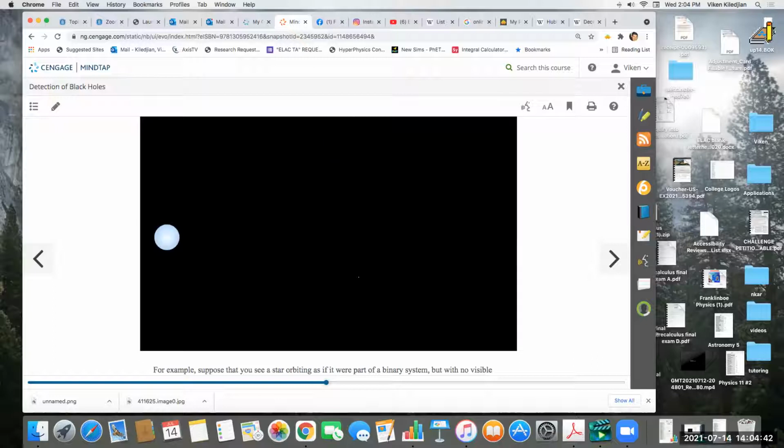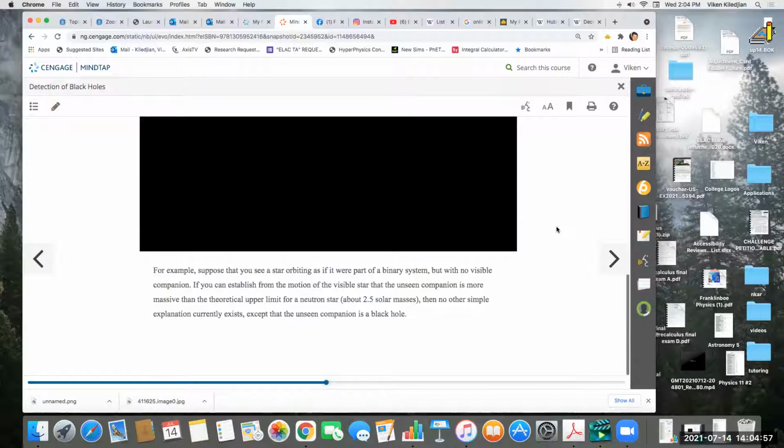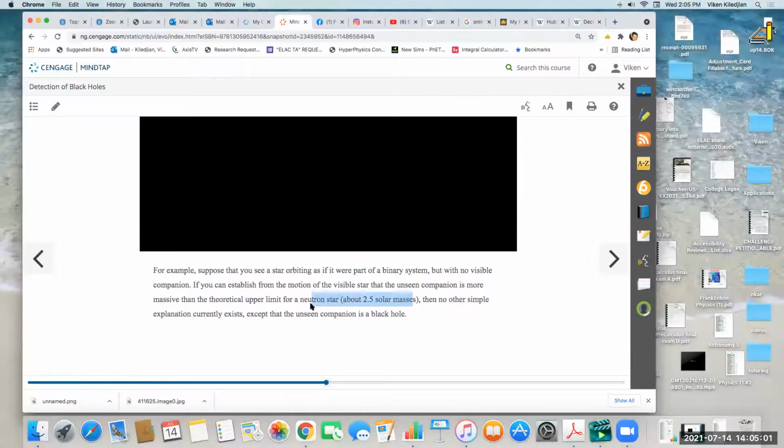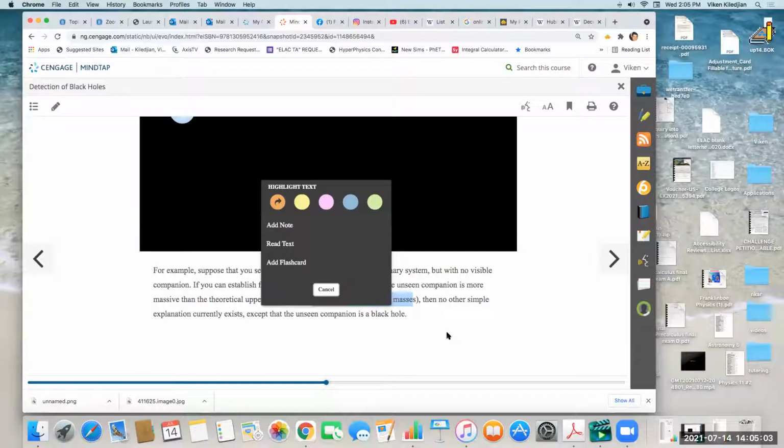Then you can complete the calculation with Kepler's law, find the combined mass of the two stars, and from there deduce the mass of that unknown object. If that unknown object is more massive than 2.5 solar masses, then it's a likely black hole.